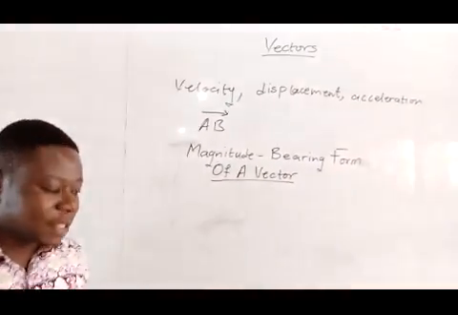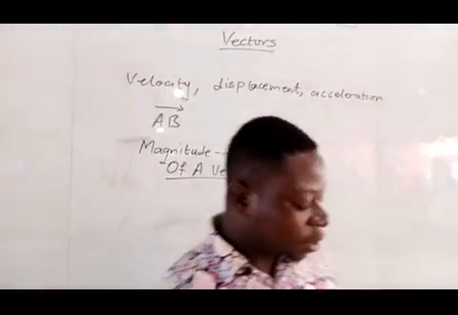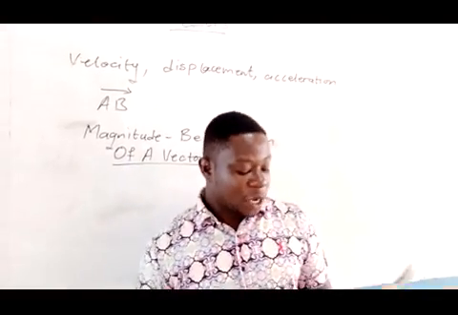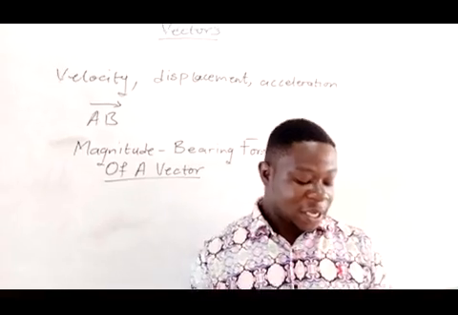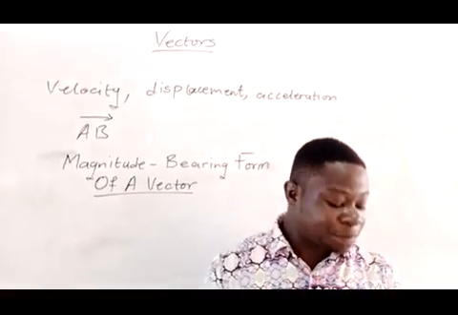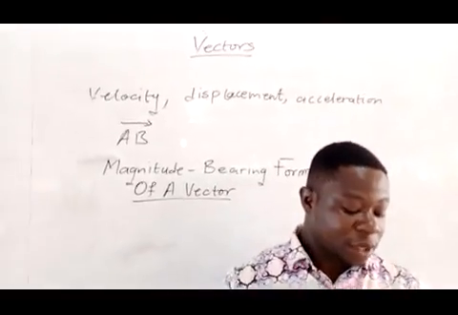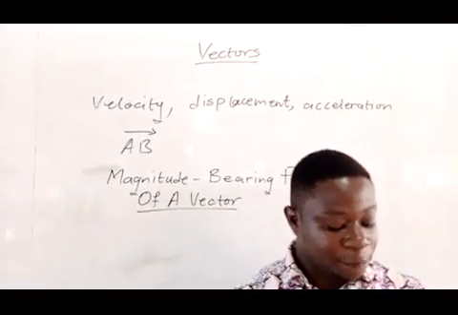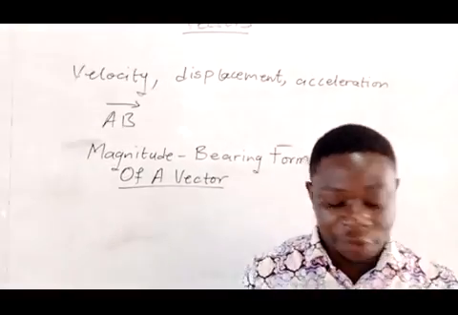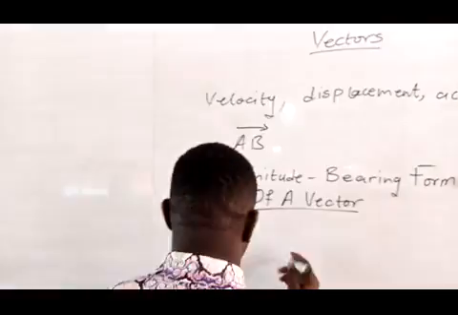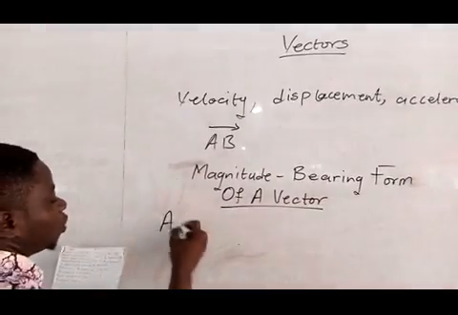Now let's take some examples of the magnitude bearing form of a vector. Now, if you are given this question and asked to represent it, a displacement from the point A to B in the direction of 060 degrees. So we have this.